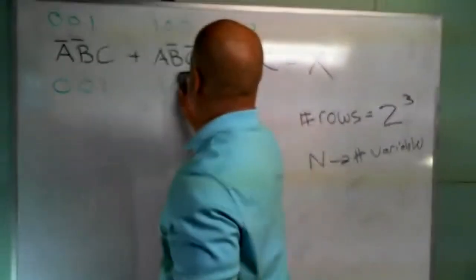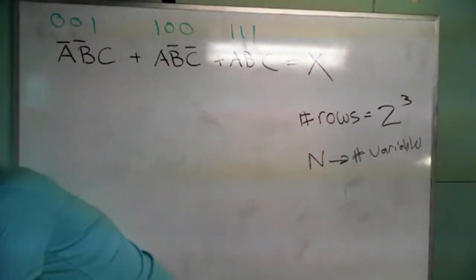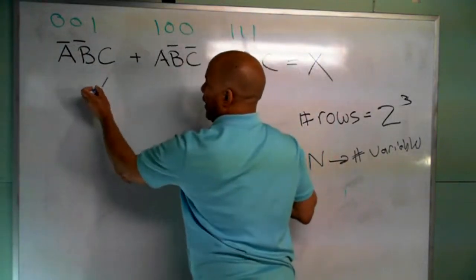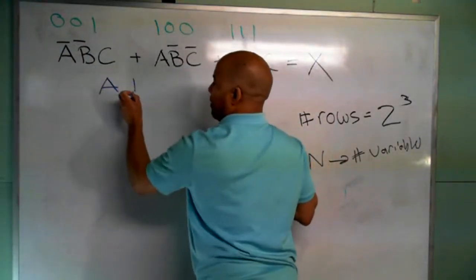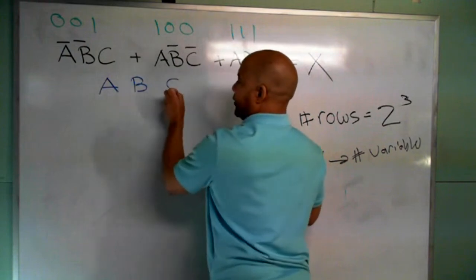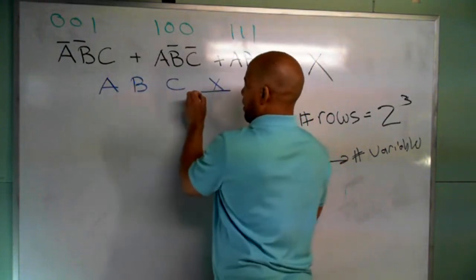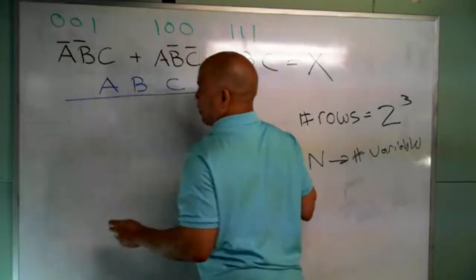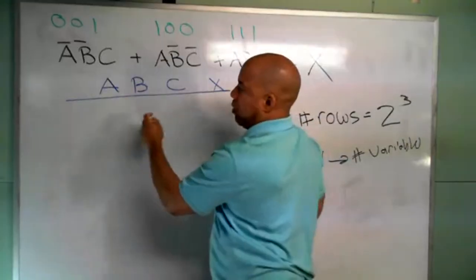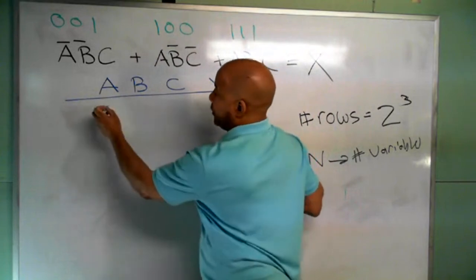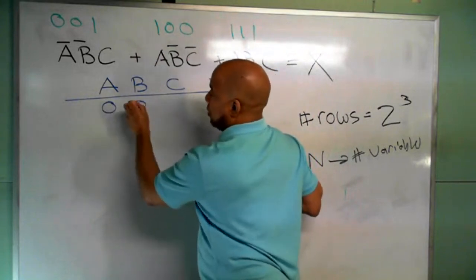You go ahead and see if you can remember how to do the truth table. There was a certain way I told you to number it. I have A, B, C, and X is my output. So the first row, we'll start counting. We're counting in binary. So it'll be 0, 0, 0.